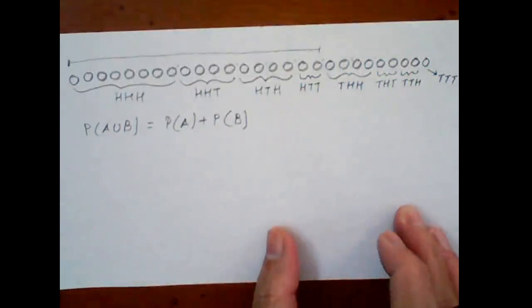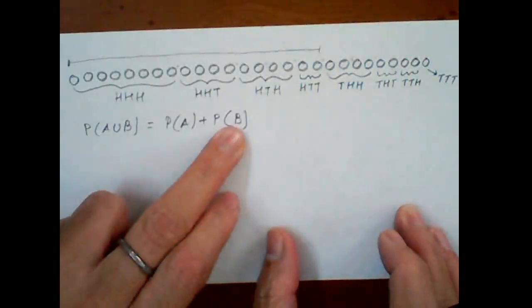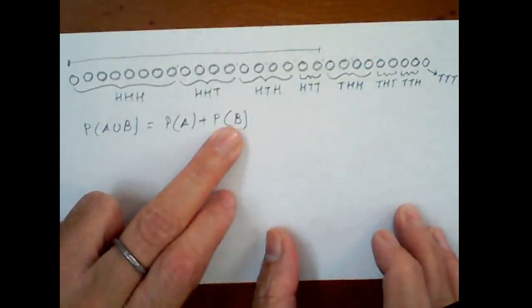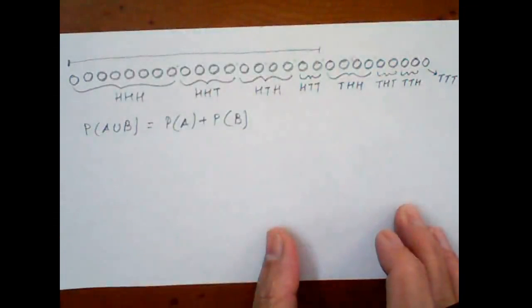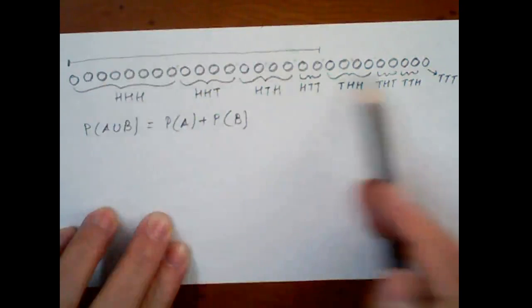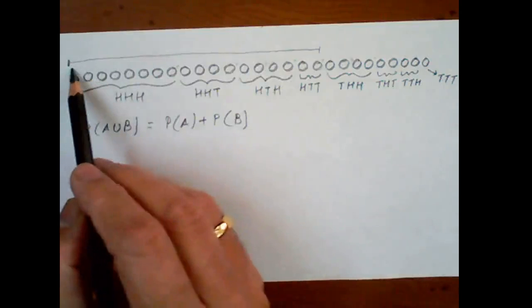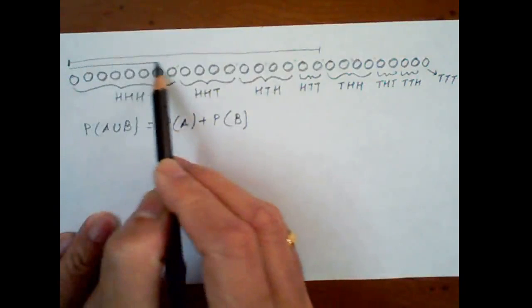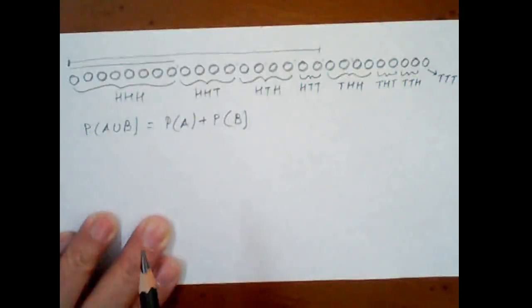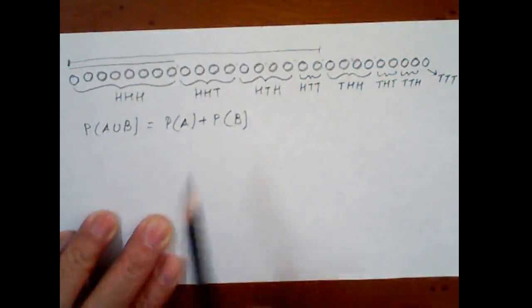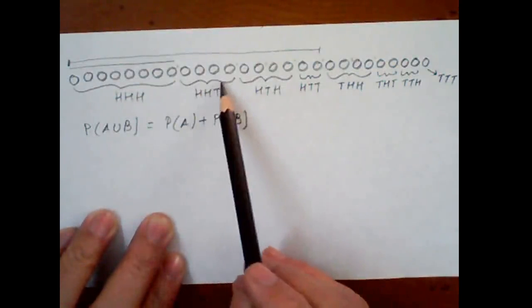Now, what is event B here? Event B is getting the third toss to be heads. Now let us find out which of these circles are satisfying that criteria. Definitely you have these where the third toss is heads, not this one.